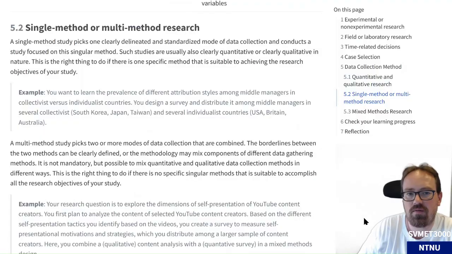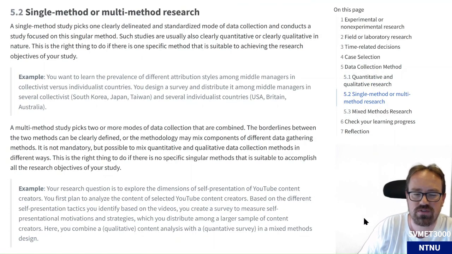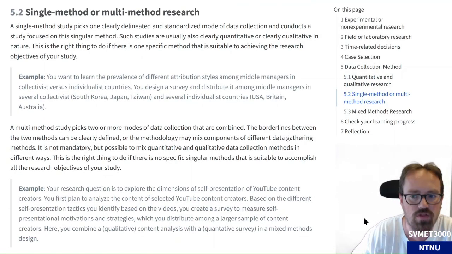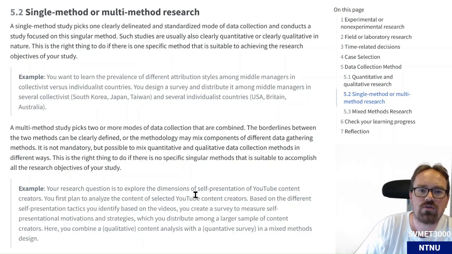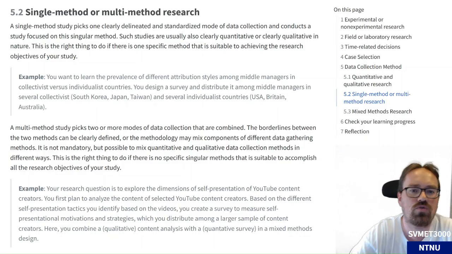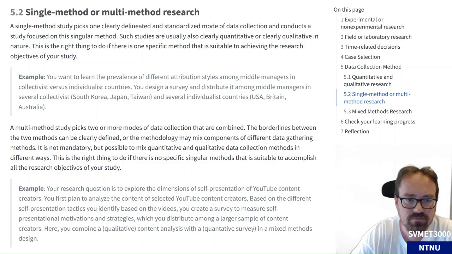When you are picking a data gathering method for your study, again, based on the research problem and the research objective that you're having, you may get the idea that it's a good idea to do multi-method research or mixed method research.